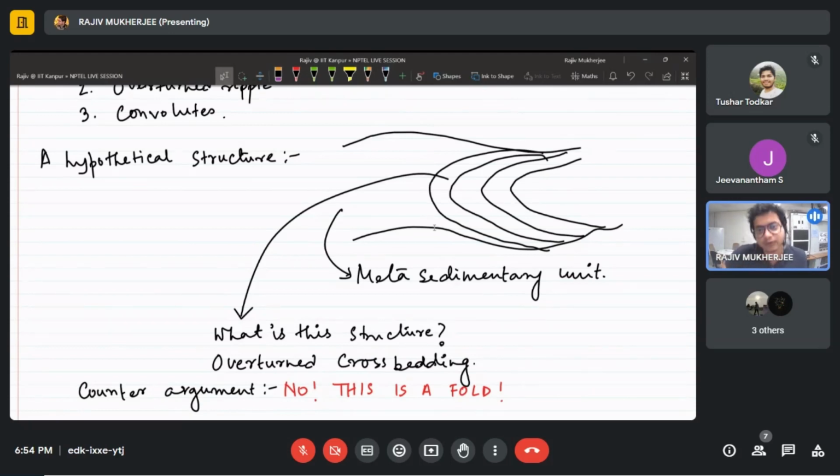And also, tectonic structures can occur in any kind of rock, whether it is sedimentary, igneous or metamorphic rock, but these cross beddings or convolutes are essentially restricted to syn-sedimentary deformation.